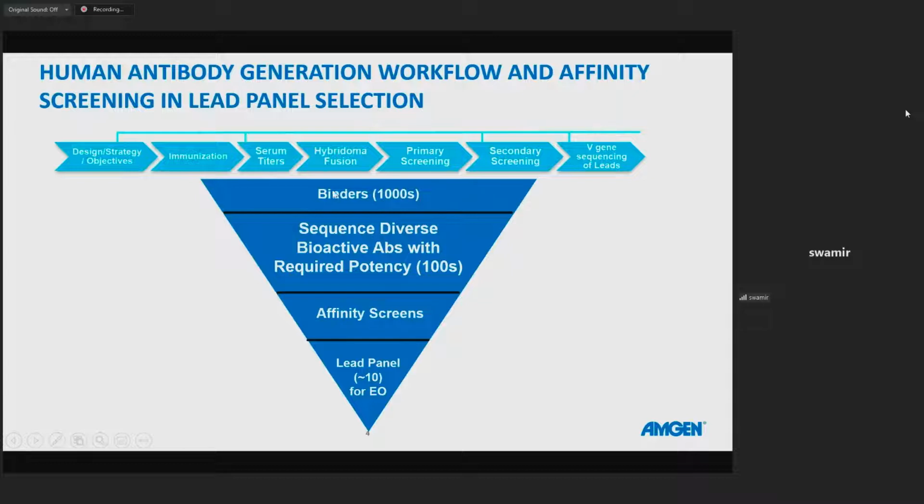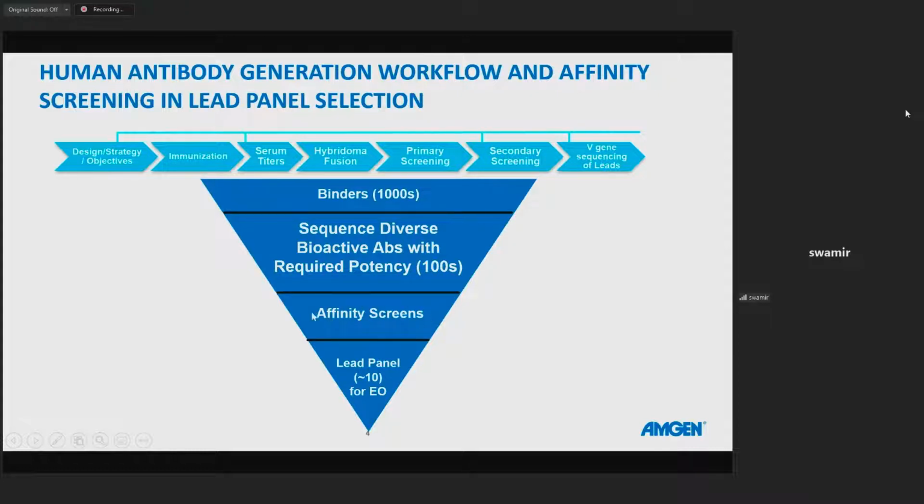During that process, from thousands of binders, we screen for different activities, epitope bindings, and sequence diversity, and we get hundreds of antibodies with the required specificity, multiple epitopes and diverse antibodies.